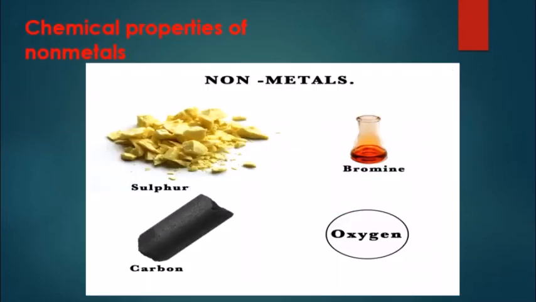Next is the chemical properties of nonmetals. We have seen the physical properties of nonmetals. Now, nonmetals are electronegative elements. They are electronegative because they gain electrons and develop a negative charge. We have seen in the electronic configuration that whatever loses an electron gains a positive charge, and whatever gains an electron develops a negative charge.